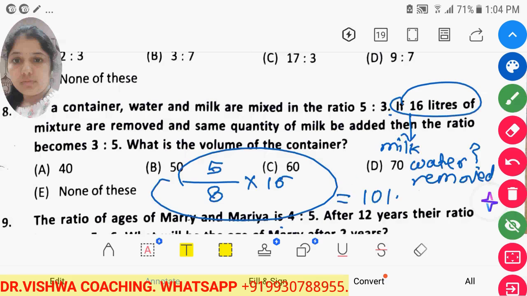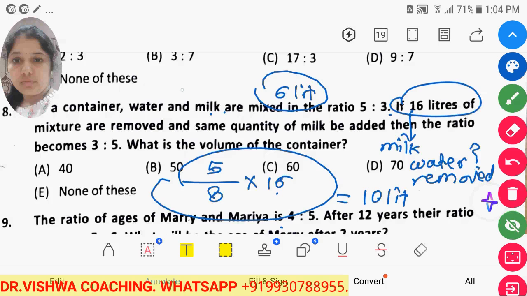So it is 10 liters. Now in 16 parts how much milk is there? So 3/8 into 16, you get the value of milk, which is 6 liters. Or you can subtract it from 16 liters, so you get the volume of milk in the mixture and volume of water in the mixture.